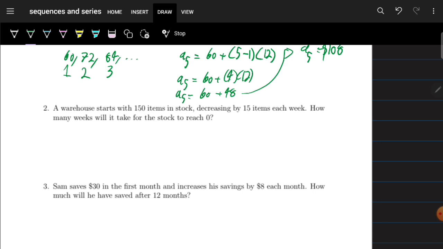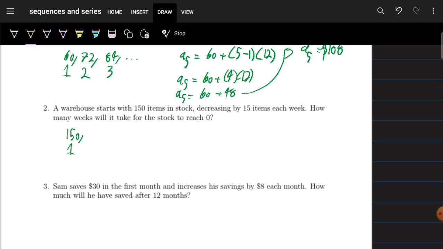Okay, so here's how we can do this. We start with 150. Again, this is an arithmetic sequence. We have to recognize that the underlying math behind this is an arithmetic sequence. We start from 150, and the week after, we can think of it as week 1.